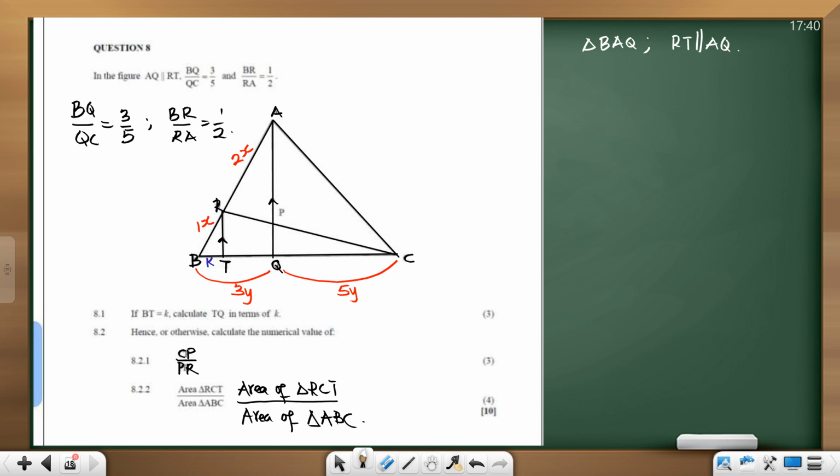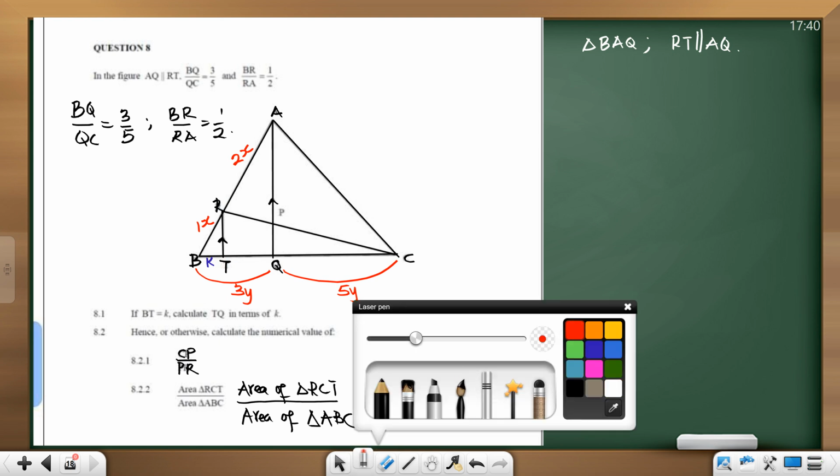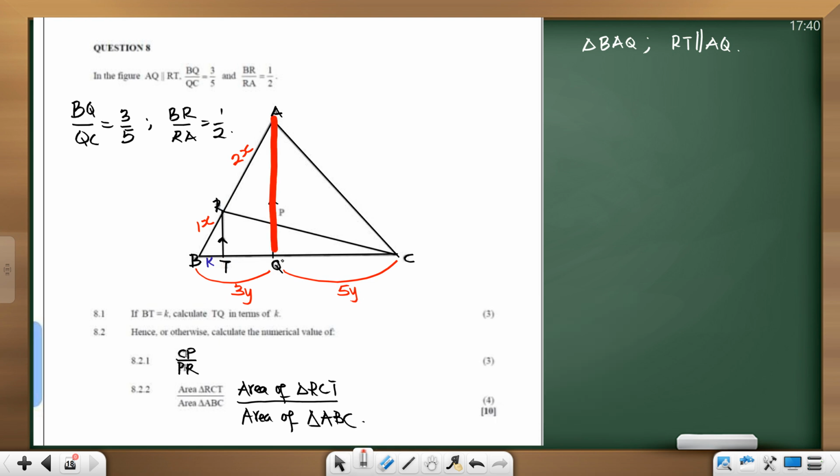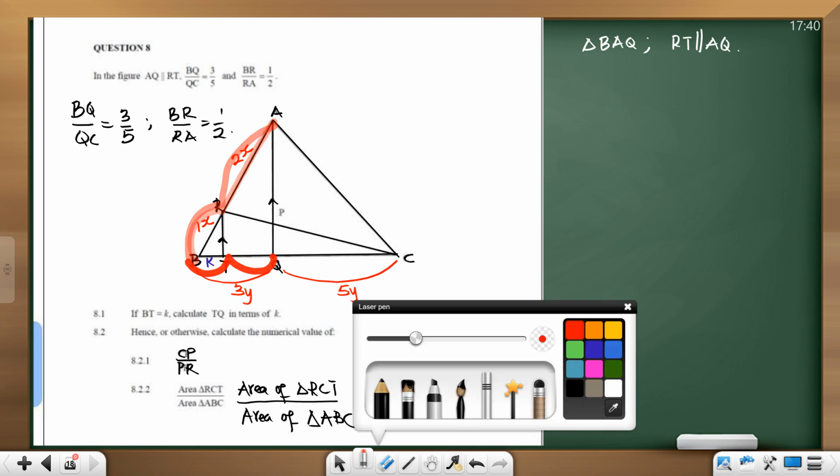So if I look at my proportionality there, I'm looking at my parallel line. So I can write what? AR over what? BR. Can you see it's the top, bottom? I have to go the same way here. So I'm writing AR.